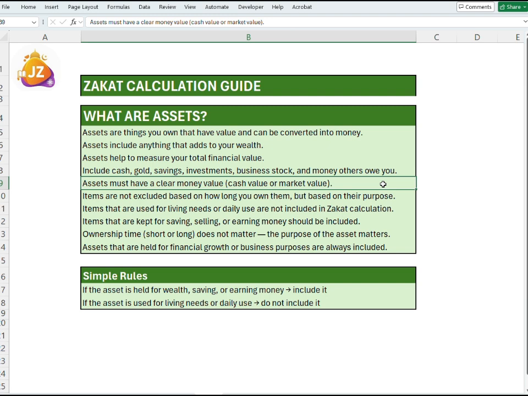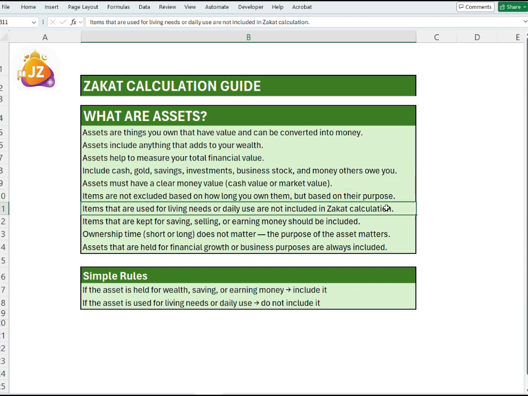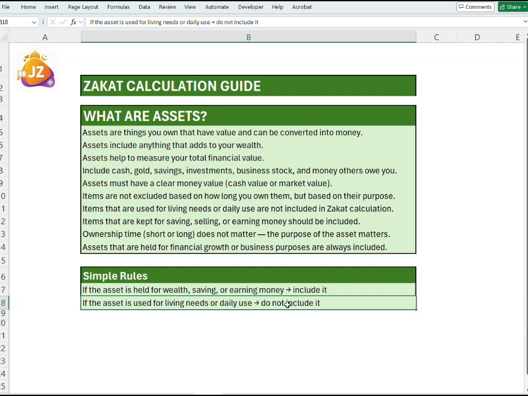One very important point is that assets must have a clear market value, meaning we consider their current value. Also, items used for daily living like your personal house, car, clothes, and furniture are not included. So simply remember, if an asset is held for saving, wealth, or earning, include it. If it is for daily use, do not include it.